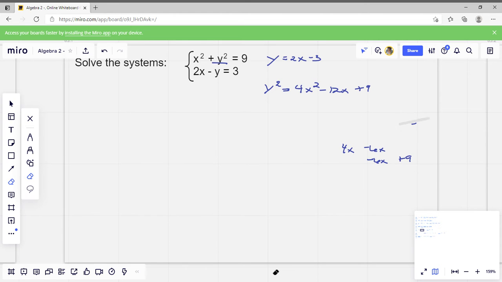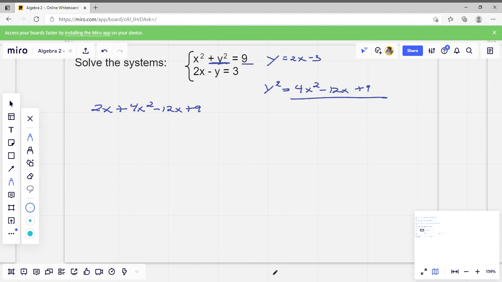Now all I have to do is substitute that into my other equation right here where I've got y squared. So x squared plus, now I've got my y squared, which is this value right here, 4x squared minus 12x plus 9 equals 9. Okay, now I can combine like terms.